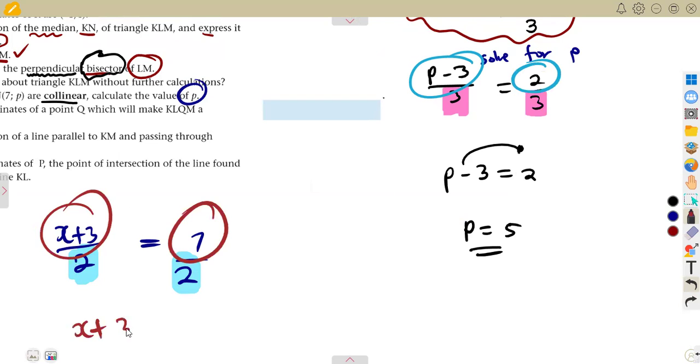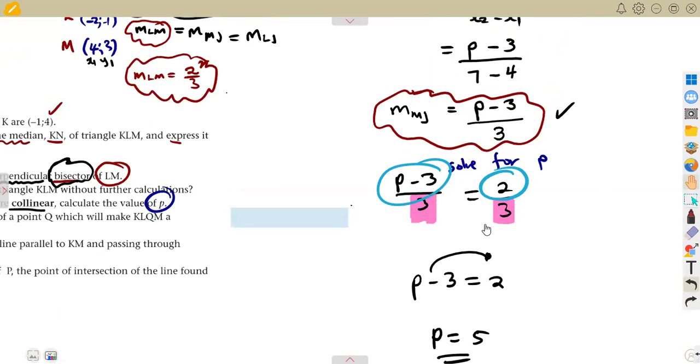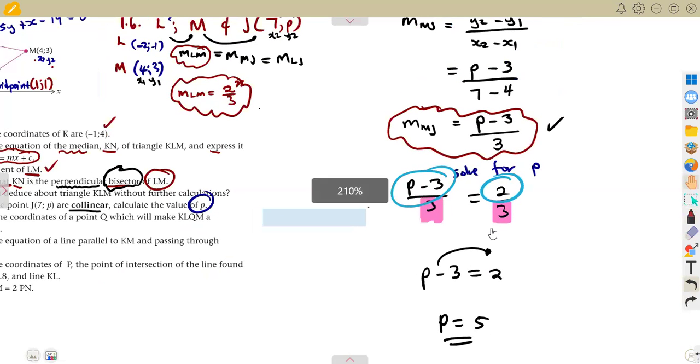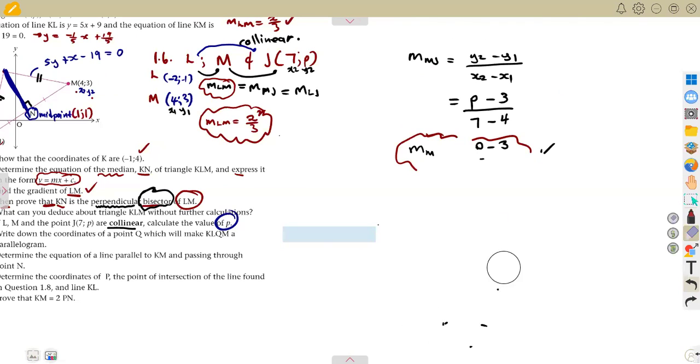So X plus 3 will be equal to 7. Transpose this: X is 7 minus 3, which is 4. That's the idea. So we can solve any equation as long as the denominators are the same. We have got ways, guys. I want you to do the cross multiplication and prove that we are in the same direction. So that is the value of P.